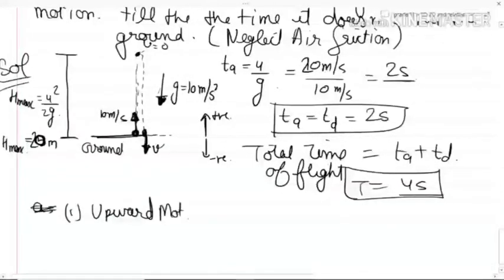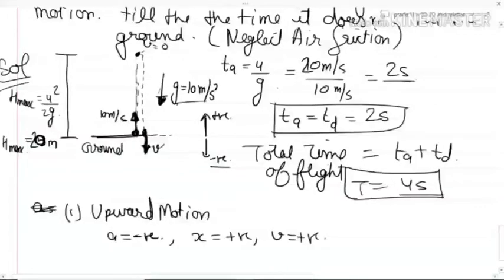Guys, in upward motion, is the acceleration negative or positive? Can you see when it was going up, the acceleration was acting down and downwards you have taken as negative. So acceleration was negative. What was the displacement? The position was positive. The velocity was positive, right?